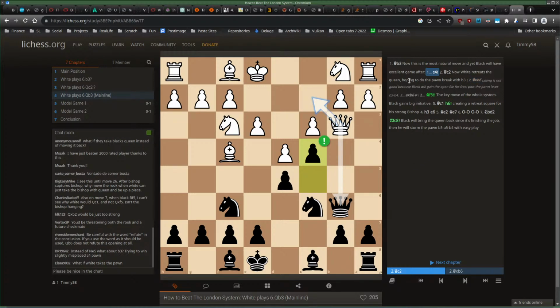Now white retreats a queen, hoping to do the pawn break with b3. Queen takes b6 is not good because black will gain the open file for free. Plus the pawn lever b5, b4.